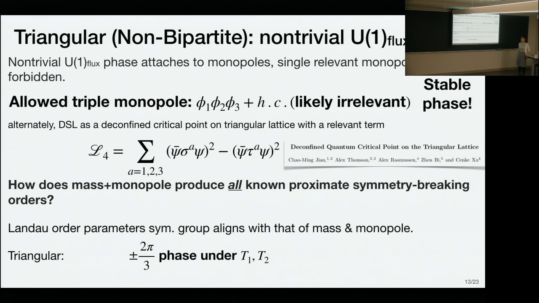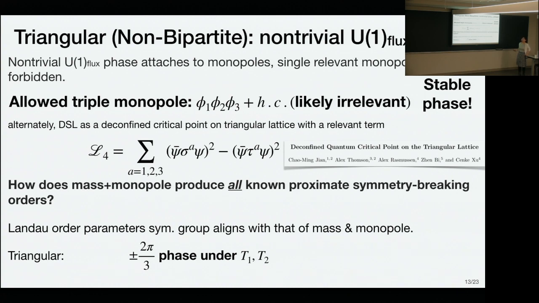Epsilon expansion and large N calculation give different predictions on whether this quadratic term is relevant or not. If it's relevant, then this Dirac spin liquid is a transition point, a defined quantum critical point on the triangular lattice between this 120-degree order and the square root 12 VBS states. And if not, it might be a stable spin liquid phase.